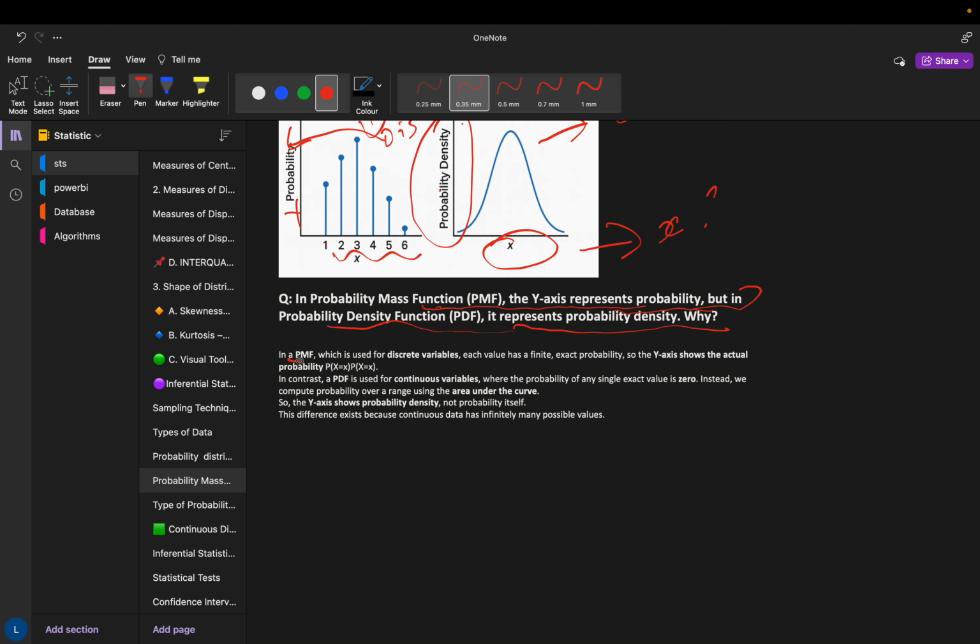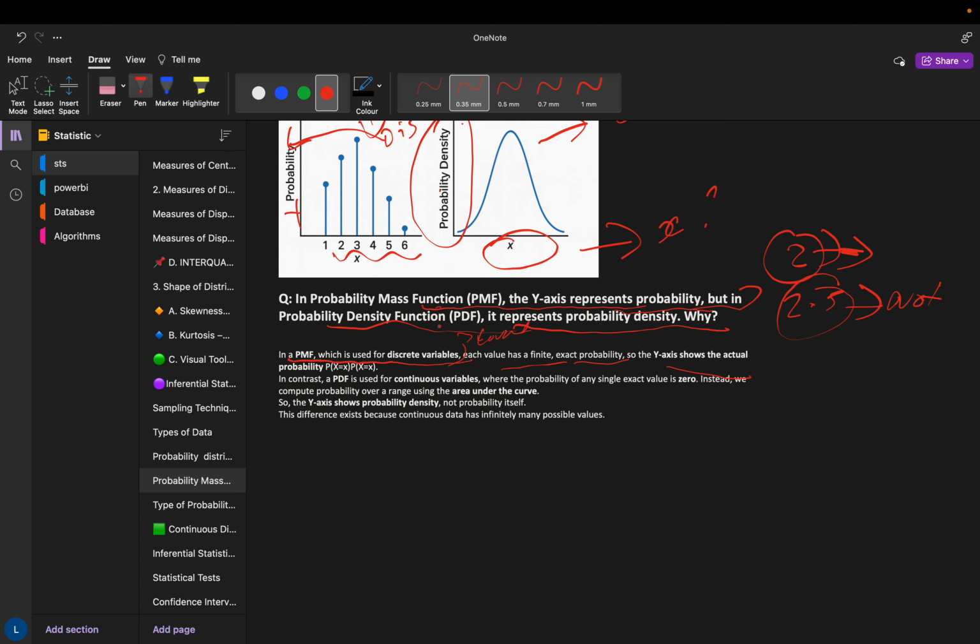In probability mass function, which is used for discrete values, meaning we can count them, each value has a finite exact probability. For example, if I want the probability of 2, I can get the exact value. But speaking about 2.5, can I get the exact probability? No, right?